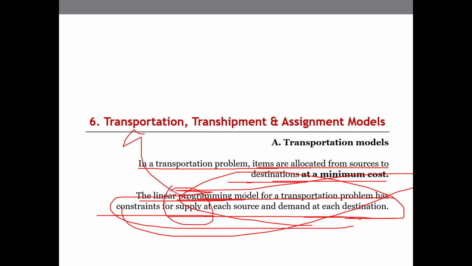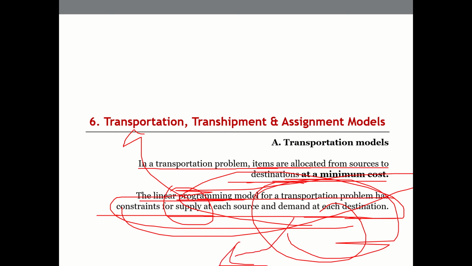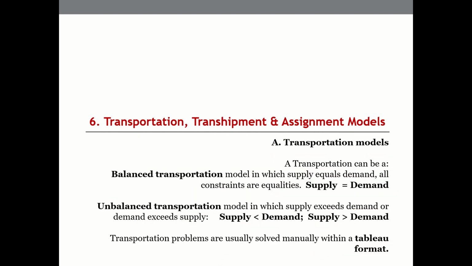Okay, what is the maximum that you can manufacture? Similarly for demand, how much will be expected in a store, whether demand is high or moderate. Okay, it's all interconnected. So this is in transportation.